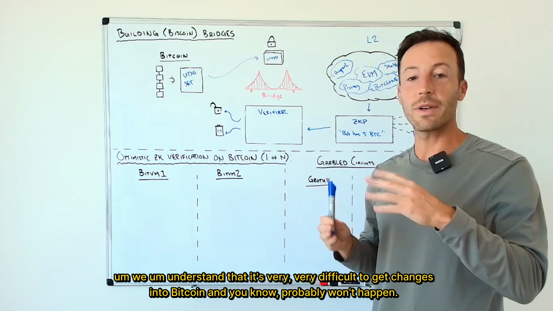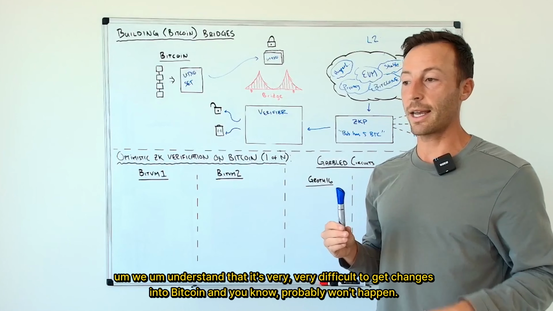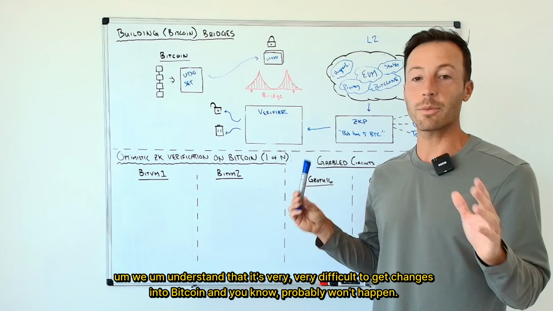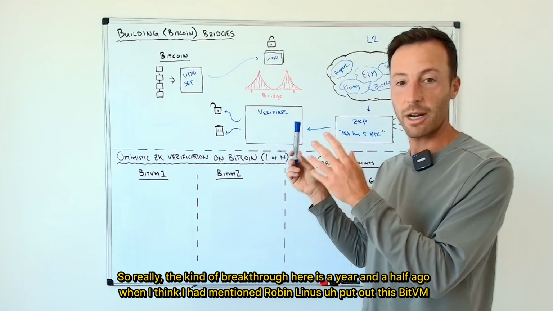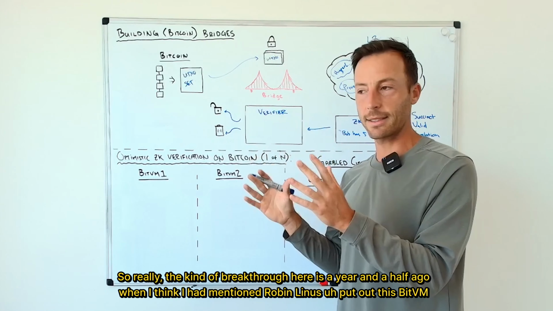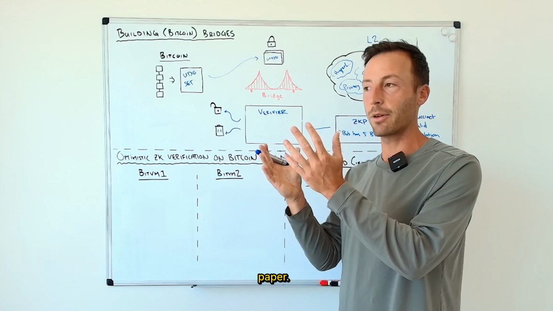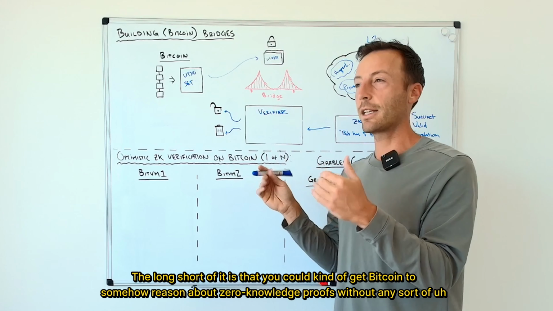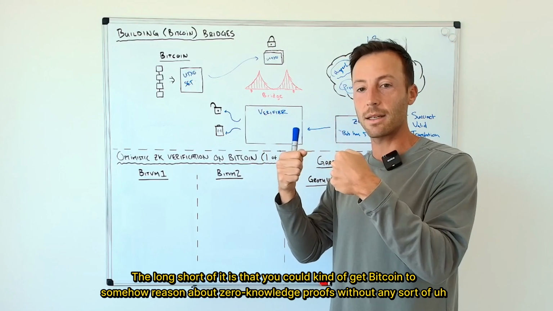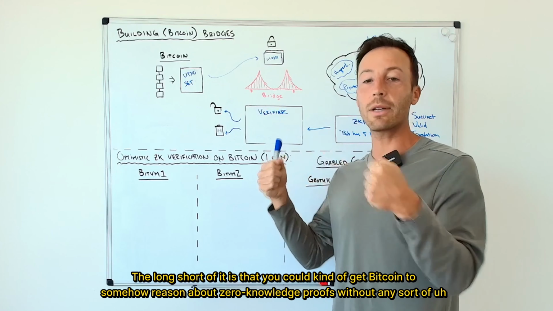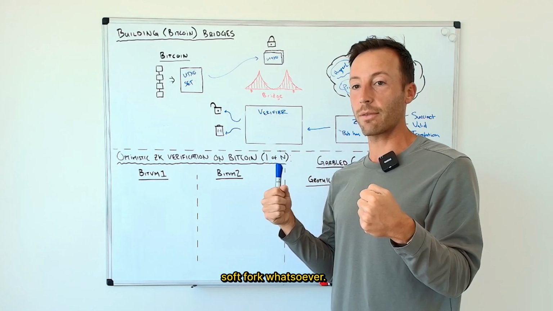but we understand that it's very, very difficult to get changes into Bitcoin and probably won't happen. So really the breakthrough here is a year and a half ago, when I think I had mentioned, Robin Linus put out this BitVM paper. The long short of it is that you could get Bitcoin to somehow reason about zero knowledge proofs without any sort of soft fork whatsoever.